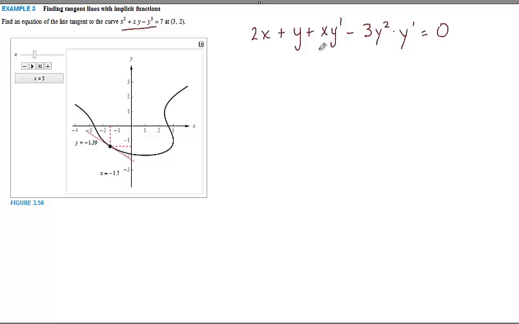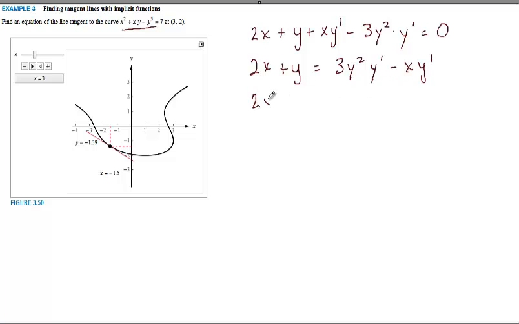Collect your y prime terms on one side and anything else on the other. So 2x plus y equals 3y squared y prime minus x y prime. So just moving these two over to the other side.